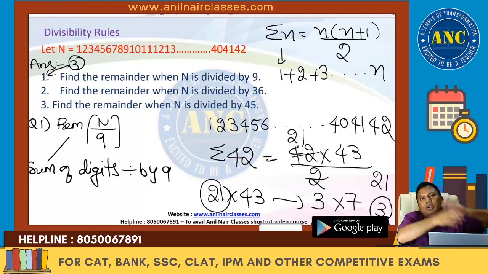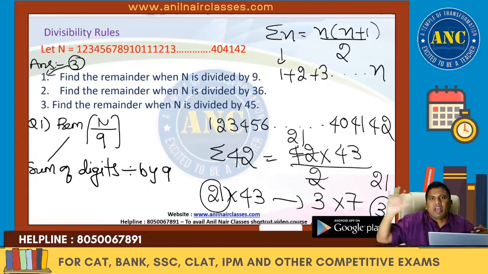The way you add the digits might be a combination of 1 digit, 2 digits, 3 digits or 4 digits. The end result will always be the same. That is what I wanted to tell you through this problem.